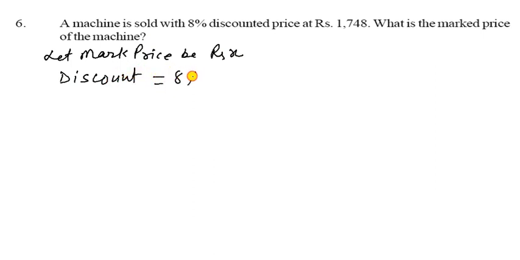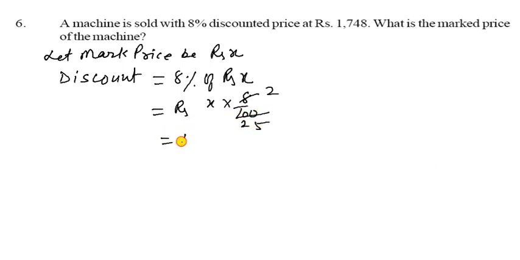Discount is given as 8% of X. So it is rupees X into 8 upon 100. So 4 2s are 8 and 4 25s are 100. So it will be rupees 2x upon 25.